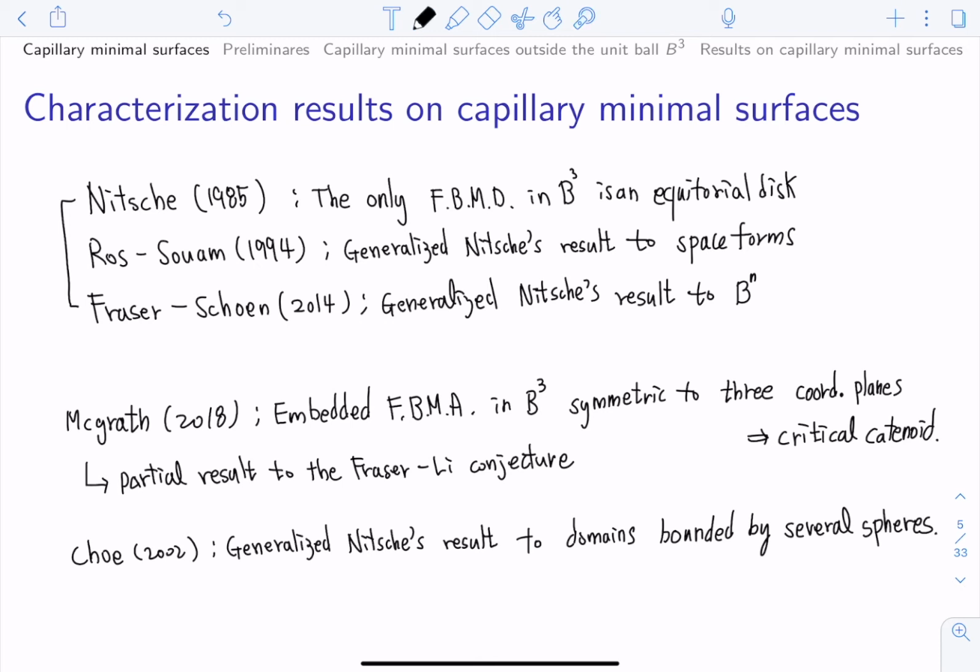So in fact, fundamentally, these three theorems all use the idea from Nitsche's paper, that it can be put like this.